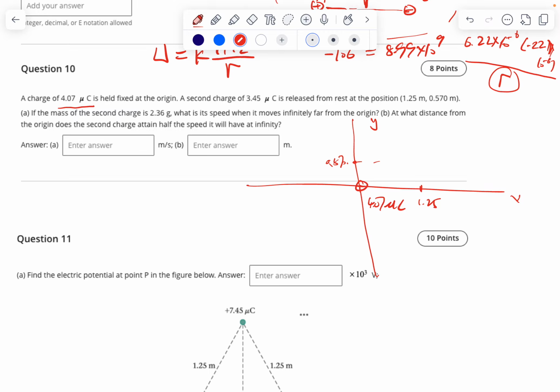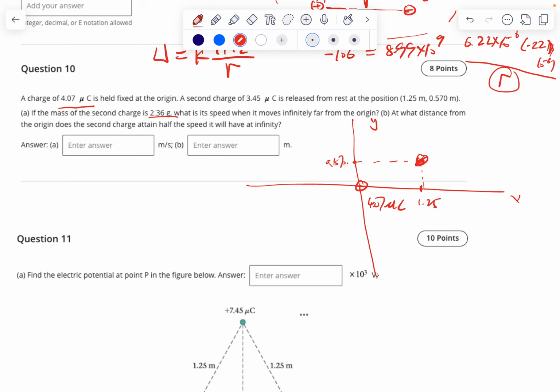So it's a positive charge released from here. If the mass of the second charge is given, what is its speed when it has moved infinitely far from the origin?